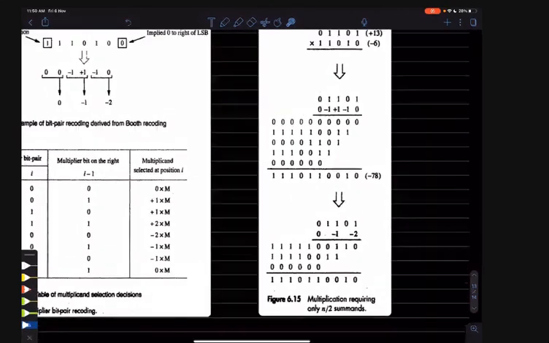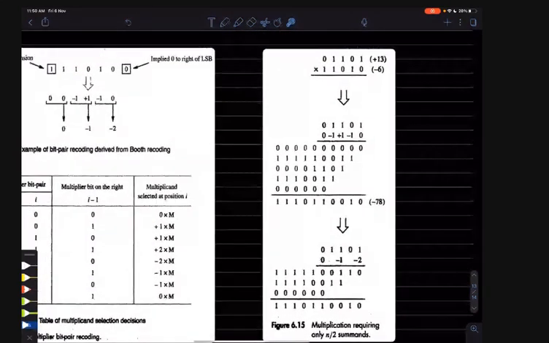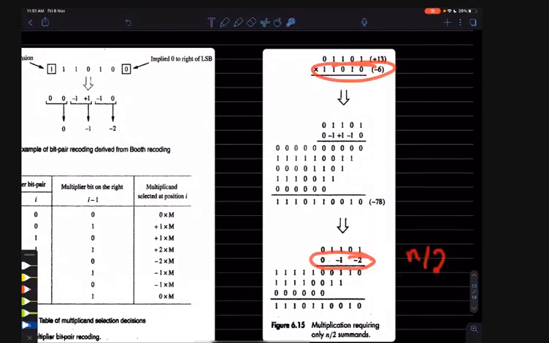That is the advantage of fast multiplication with bit pair recoding: it codes the multiplier into n by 2. Here 5 by 2 means 3 multiplier digits, so the multiplication is reduced.